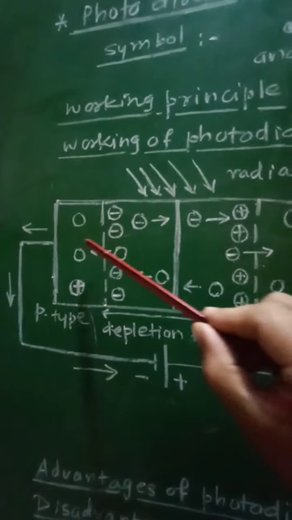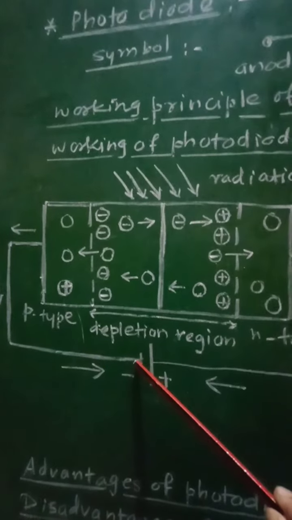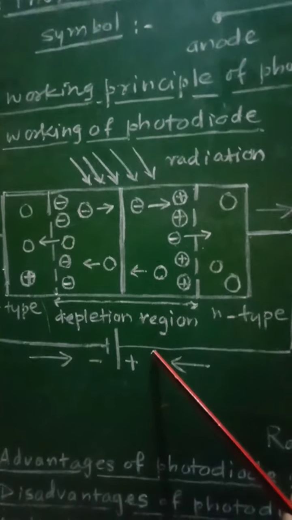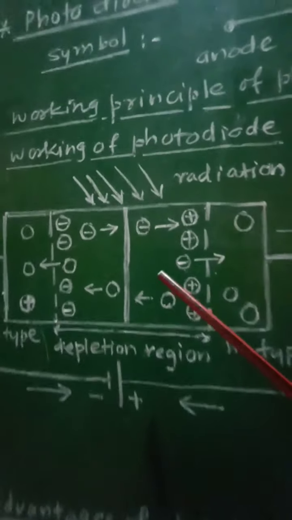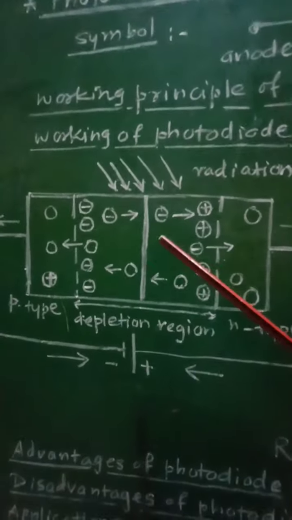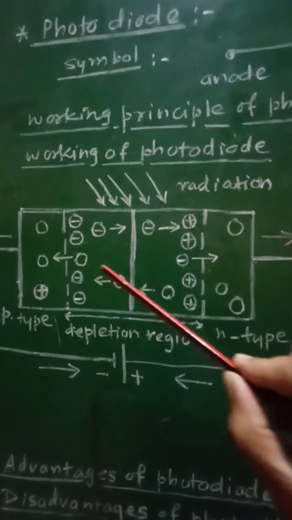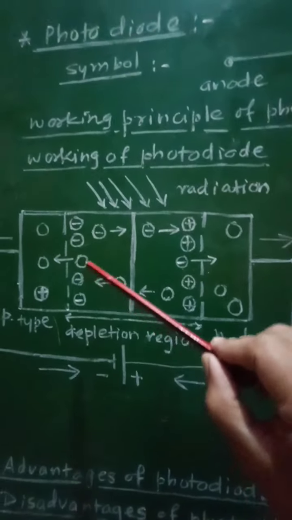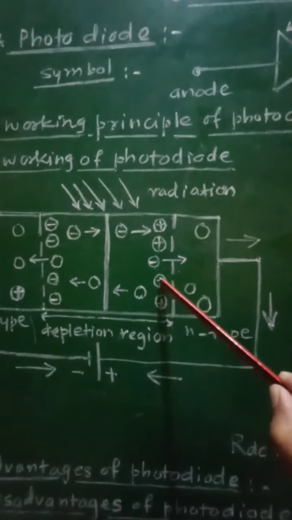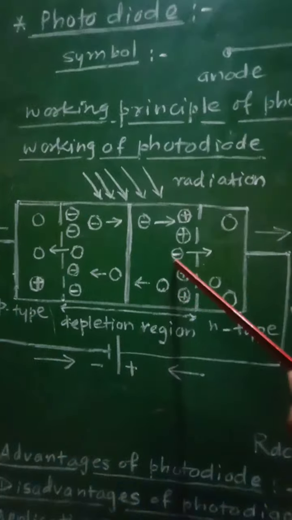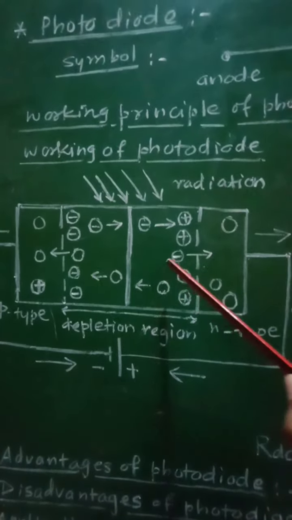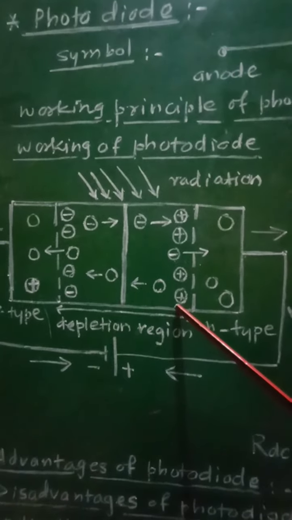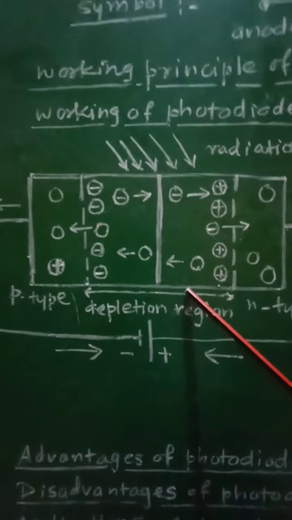Then this p region is connected to the negative terminal of the battery, n region is connected to the positive terminal of the battery, so that due to the transfer of the charge carriers from p region to n region and n region to p region, the negative and positive ions will be produced in both these regions, and therefore this region is called the depletion region.